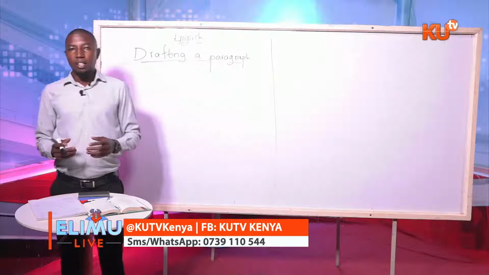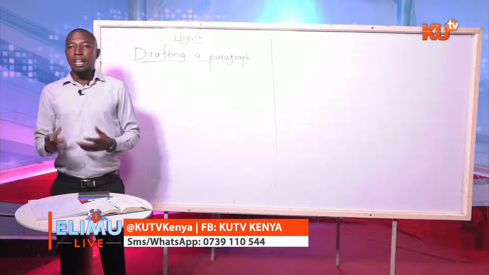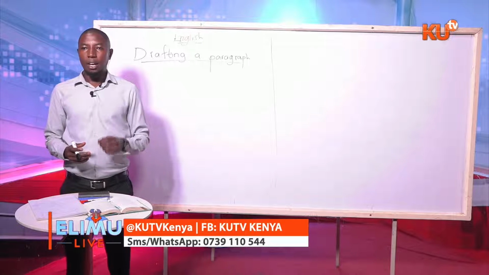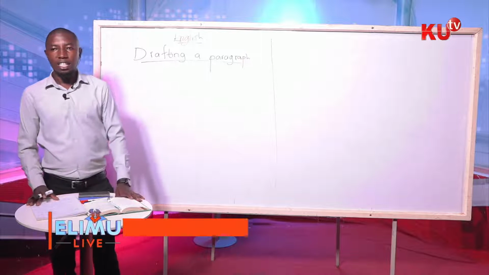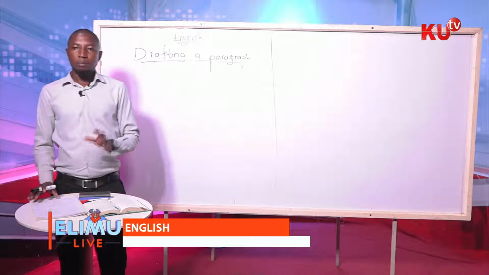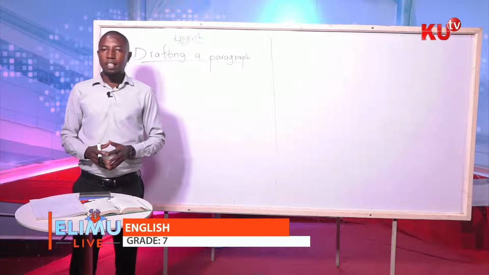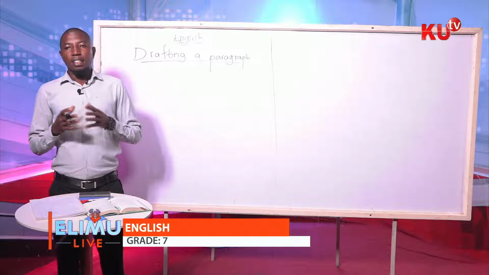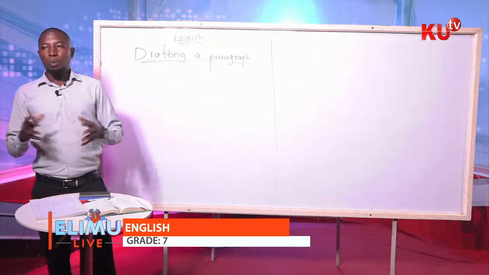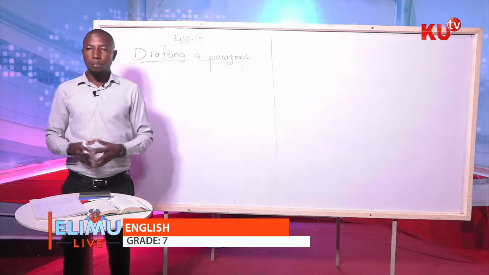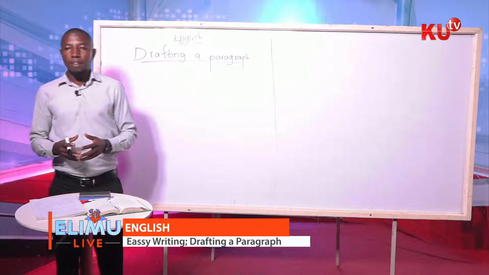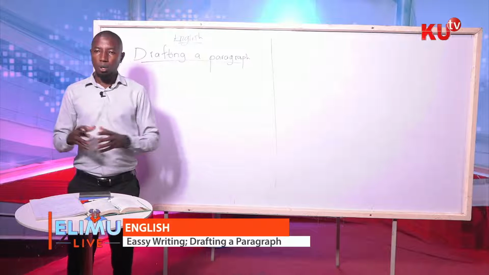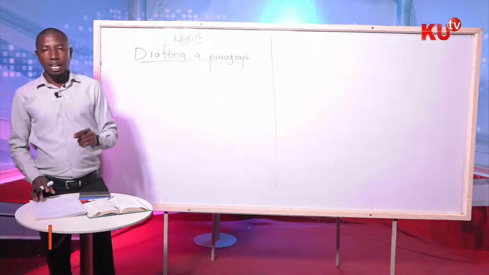As much as style is key and important in writing, I'm going to take you through how to structure a nice paragraph, because a paragraph is a part of a composition or a piece of writing. So a paragraph is a unit of thought. A unit of thought brings or explains a main idea.